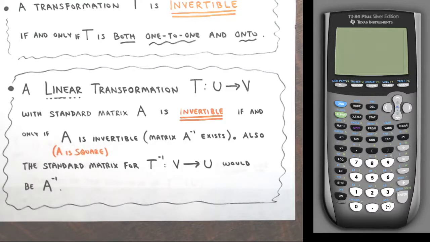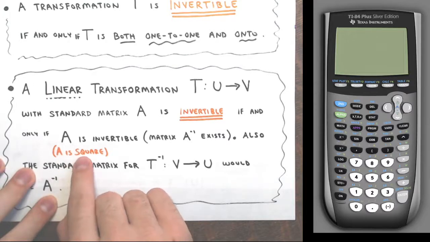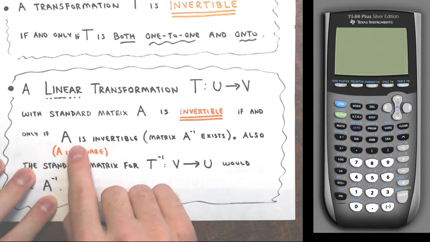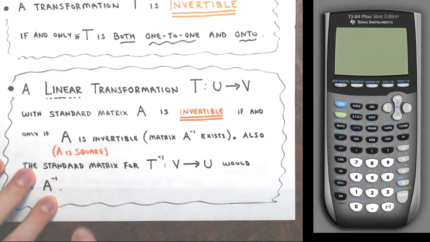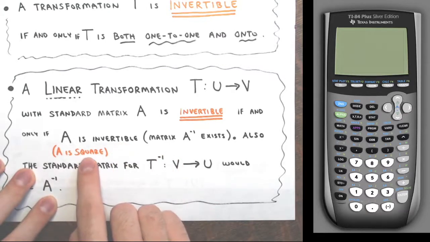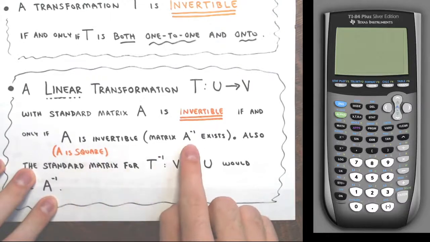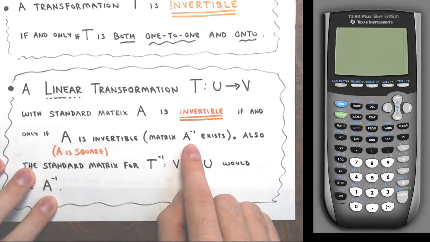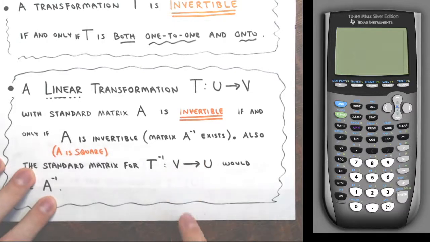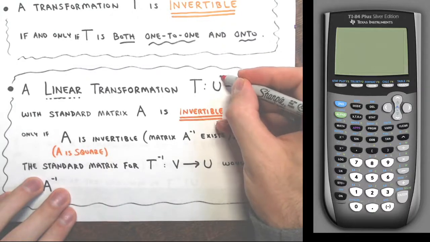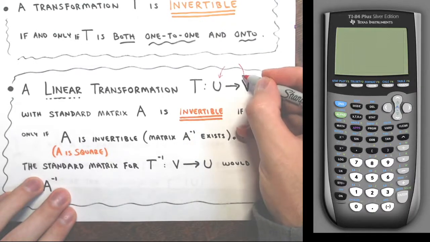Now one other thing to point out. The matrix has to be square in order for it to be possibly invertible. Again, just because a standard matrix is square doesn't mean that it's invertible. You've seen plenty of square matrices, 2x2s, 3x3s, that weren't invertible. But the only way my standard matrix is going to be square is if the dimensions of the domain and codomain are the same.